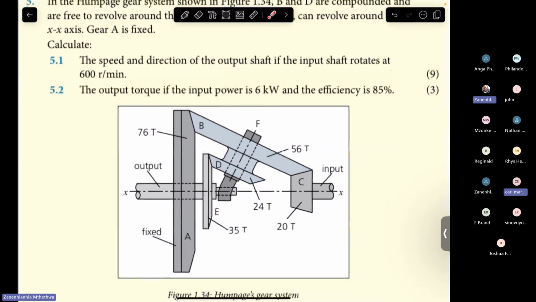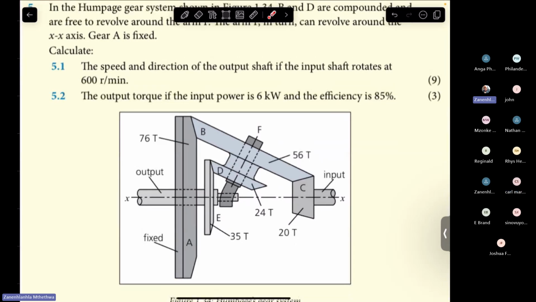So where would you deploy a Humpage gear system? I mean, you have various types of gear systems, but where would you specifically use it? I know automobile, but for which specific reason? I don't think they use Humpage gear systems anymore, but they were primarily used in lathe machines.